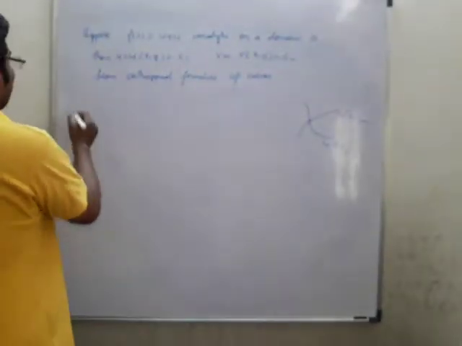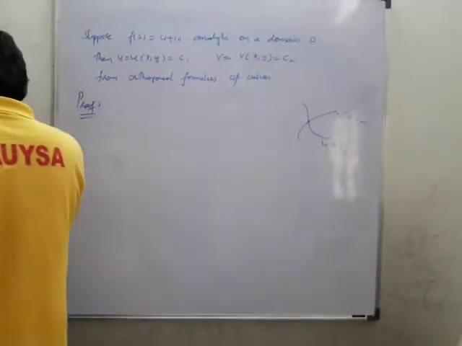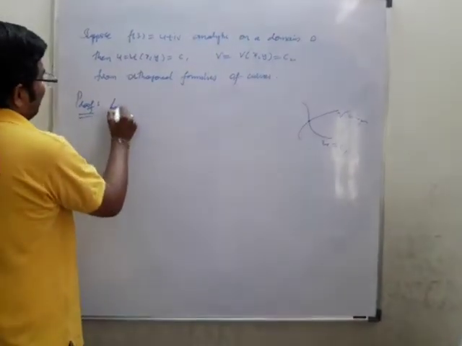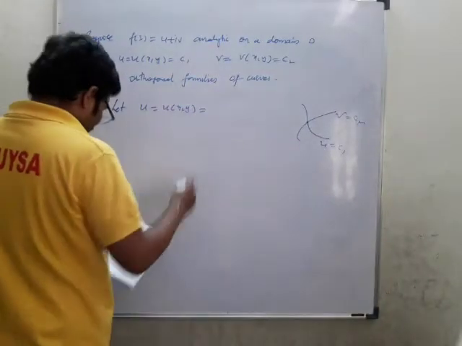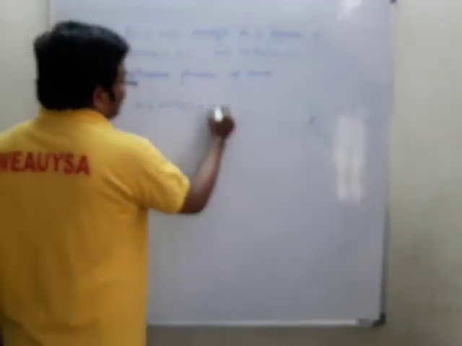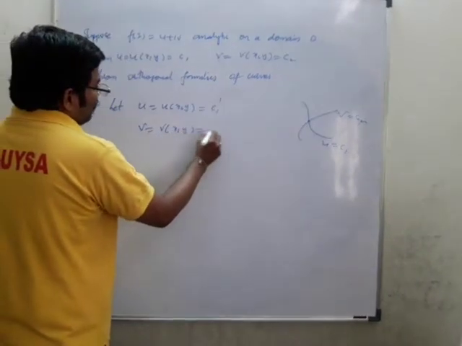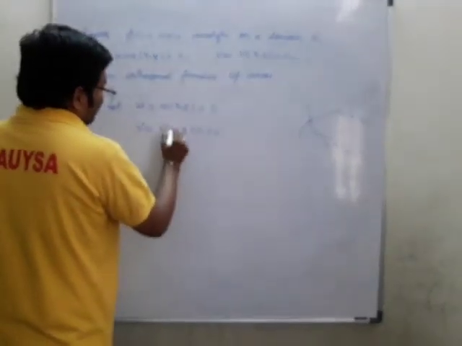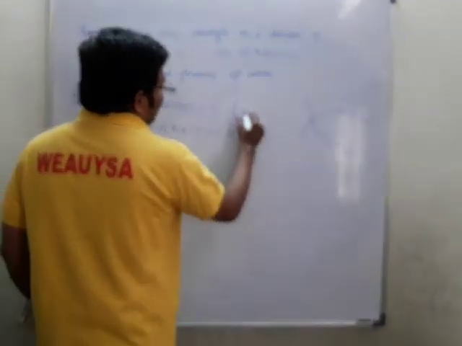So for that we will write the proof. Proof: let u of x comma y equal to some c1 dash, and v of x comma y equal to some c2 dash.